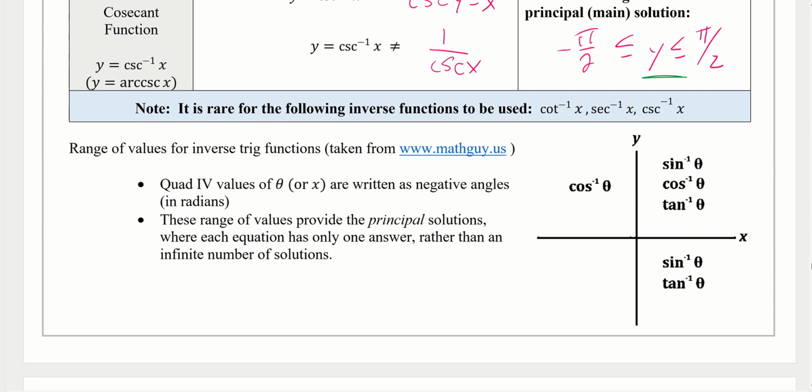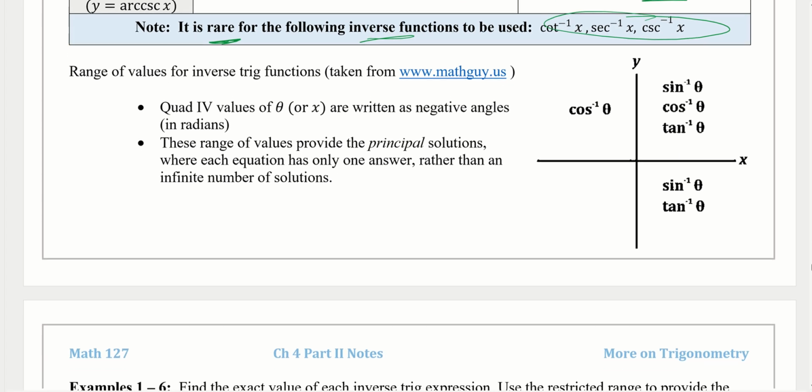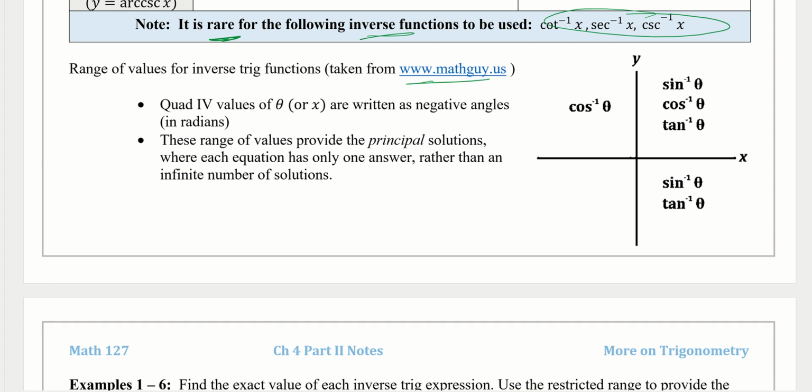Here you'll see it's pretty rare for us to find the inverse functions of these. We don't typically do those ones. Here are our range values. We got it from Earl the Great's website, mathguy.us. You can look at where we will find these inverses.